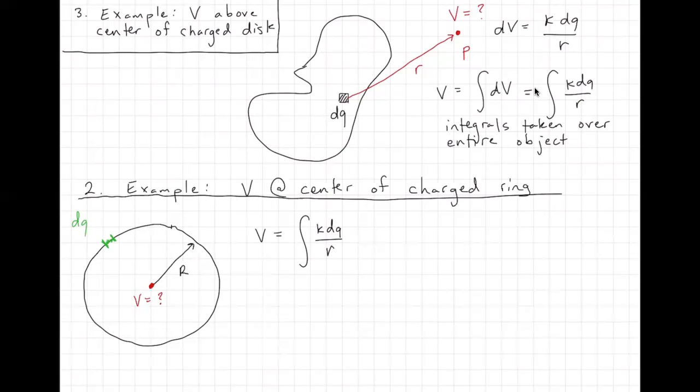Because I want to integrate over the entire object, I really want to turn dq into a spatial variable. So there's a relationship between dq and what I'll call dl, which is how long this little infinitesimal piece of the ring is. The relationship between how much charge there is and how long it is involves the charge density.